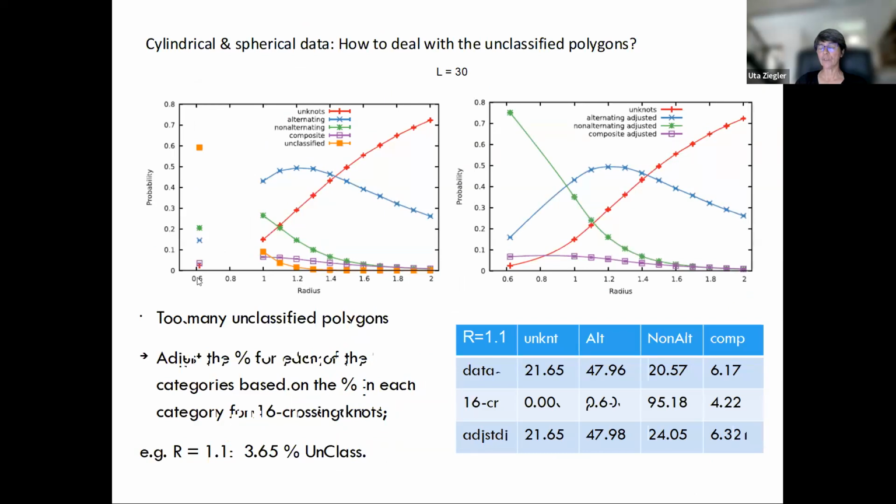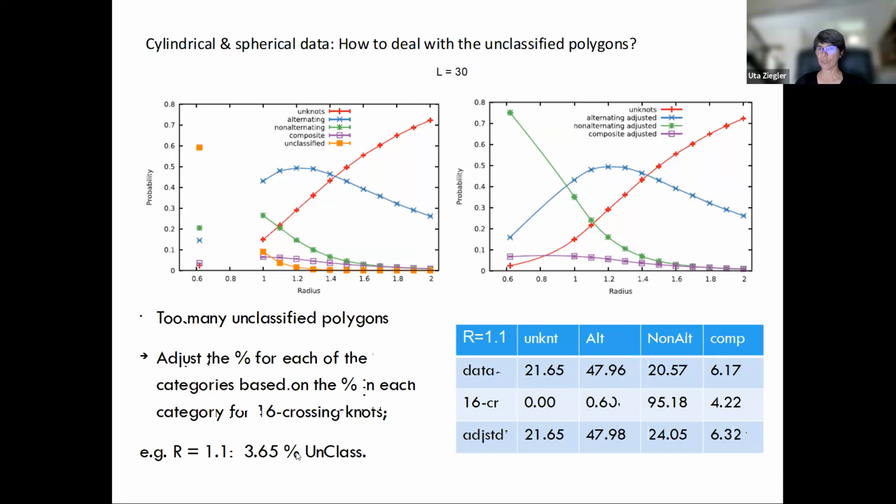And then at 0.62, we have the cylindrical information. Unknots, alternating knots, non-alternating knots, composite knots, and then the orange dots, those are the unknowns, unclassified. So it's kind of hard to deal with this many unclassified and make any kind of coherent statement.